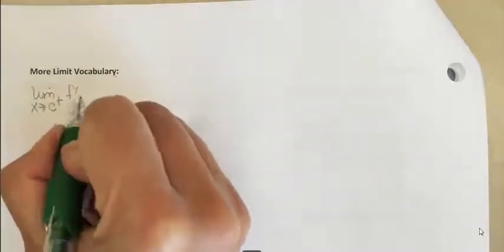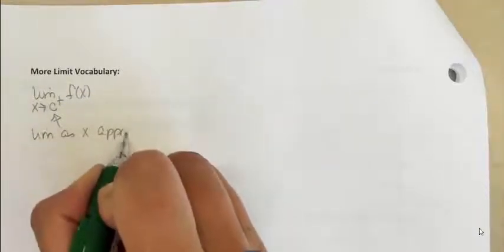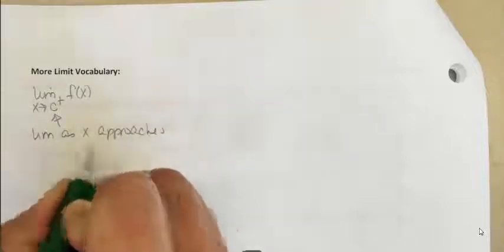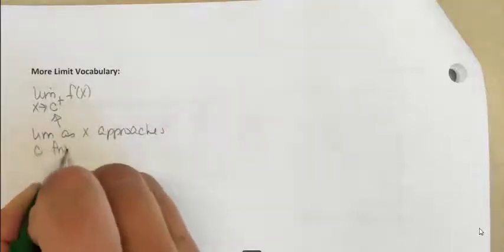Okay, some more limit vocabulary that you might be exposed to. You might see something like the limit as x approaches c plus of f of x. This means the limit as x approaches c from the right.